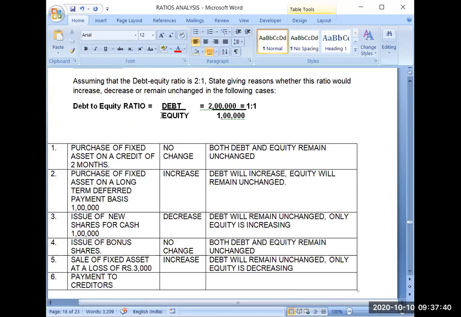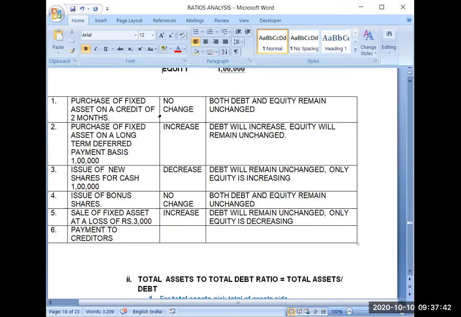The entry will be creditors debit to bank account. So creditors are a component of current liability and bank is a component of current assets. So only current liabilities and current assets are reducing, but there will be no change in the value of debt and equity. That's why the answer will be no change. Both debt and equity will remain unchanged.